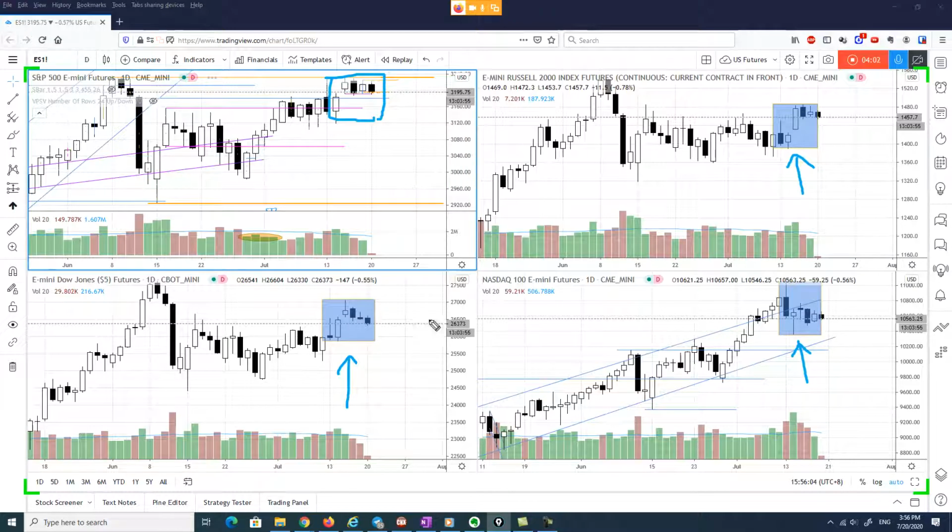From close to close, it's kind of flat, and the Dow Jones is trending up a little bit. For Russell, from here to here we're still up, and for the S&P from here to around here. So you can see that the S&P 500, Russell, and Dow Jones all outperform the NASDAQ.